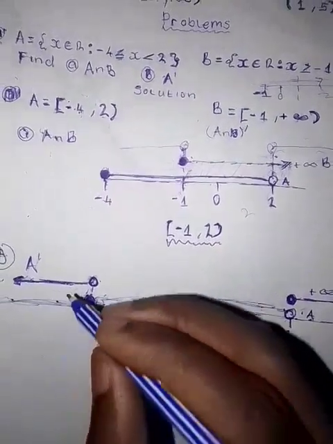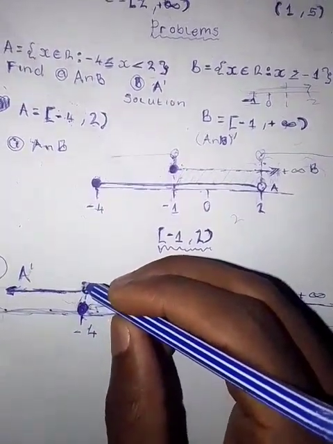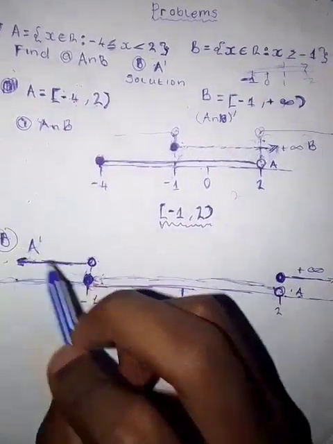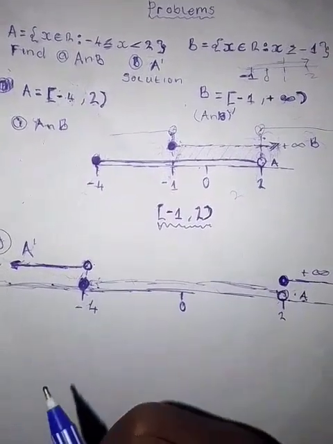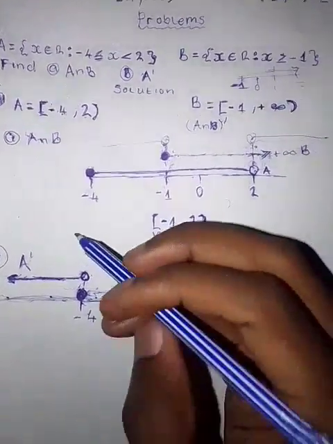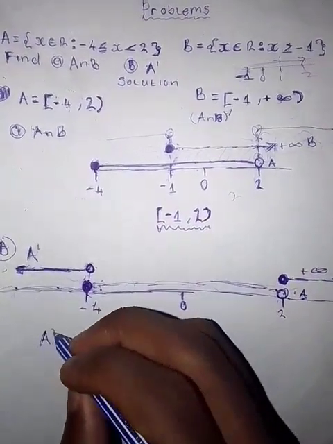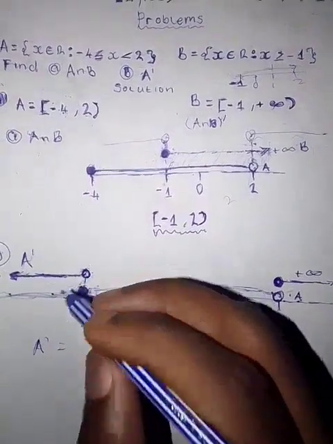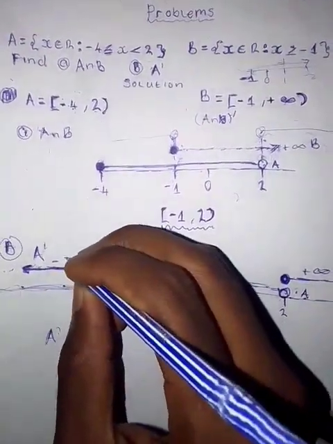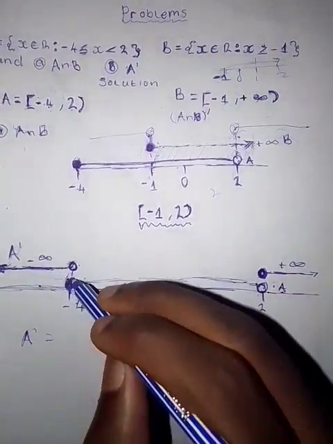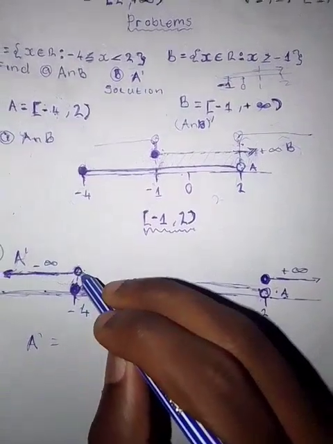So the complement, we have two sides where complements exist, this side and this side. You're going to begin by writing the first side. Remember, here we are going to negative infinity, right? So where are we starting from? We are starting from -4, right? Which bubble do we have on top?